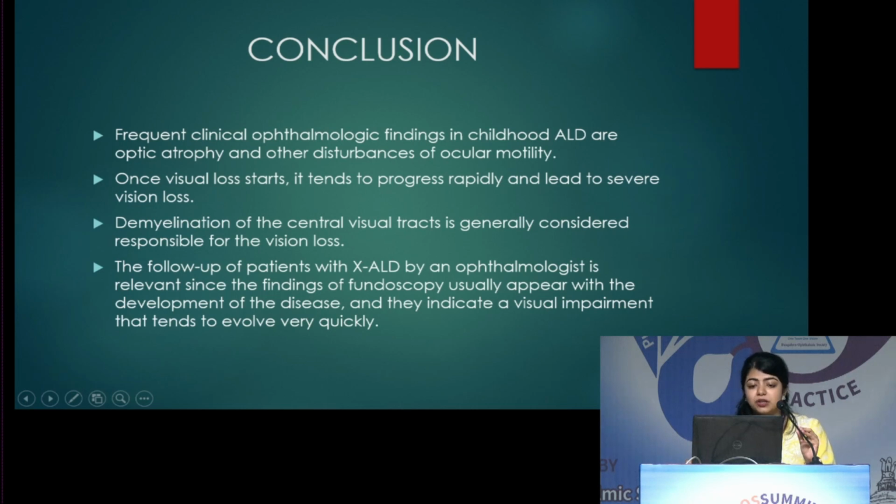Once visual loss starts, it tends to progress rapidly and lead to severe vision loss. Demyelination of the central visual tracts is generally considered responsible for the visual loss. Follow-up of the patient with X-linked adrenoleukodystrophy by an ophthalmologist is relevant since the findings of fundoscopy usually appear with the development of the disease, and they indicate a visual impairment that tends to evolve very quickly.